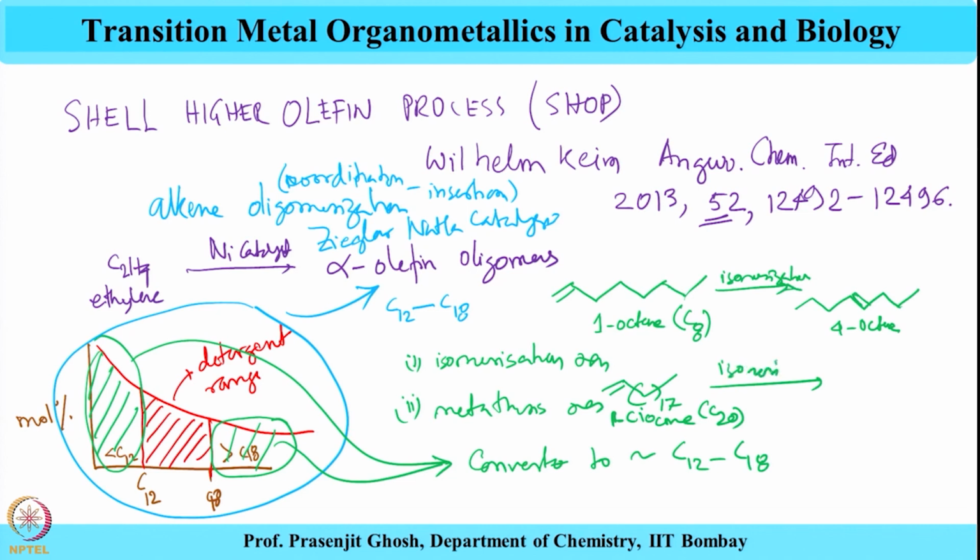Isomerization gives 10-eicosene, and these two together undergo metathesis to give C14, or 2-tetradecene.